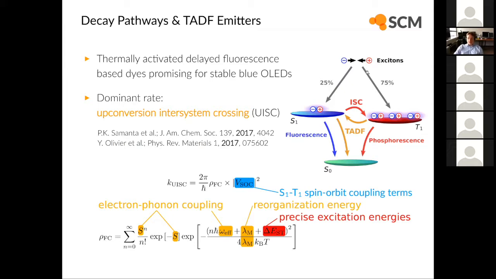And so usually one knows from basic physical chemistry that a direct transition between a triplet state and a singlet state is not possible, it's spin forbidden.